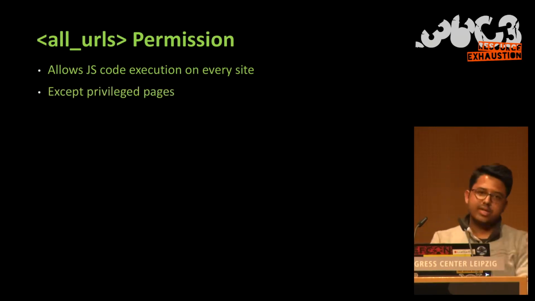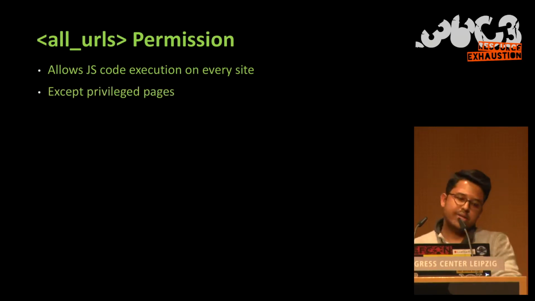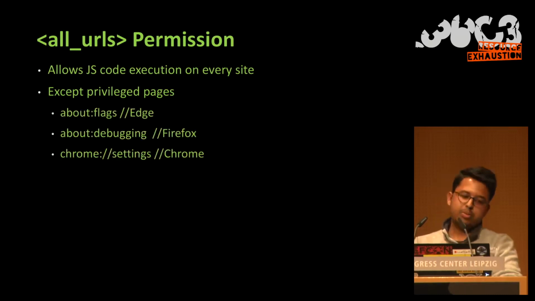But there are a few restrictions with the <all_urls> permission. That is, it cannot run on privileged pages. A privileged page in a browser is something that contains some sort of sensitive settings and your browser data. You might have heard of chrome://settings, which contains the password manager for Chrome, and you can also find credit card and debit card information on chrome://settings as well.